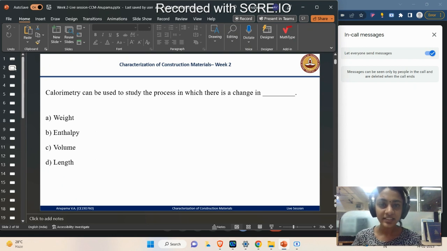Wherever there is a change in dash, calorimetry can be used. What is that dash? Is it weight? Is it enthalpy? Is it volume? Or is it length? I'm just waiting to see some answers in the chat box. Again, let me tell you, it's okay if you're wrong.